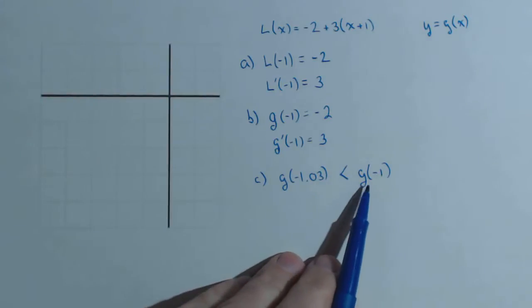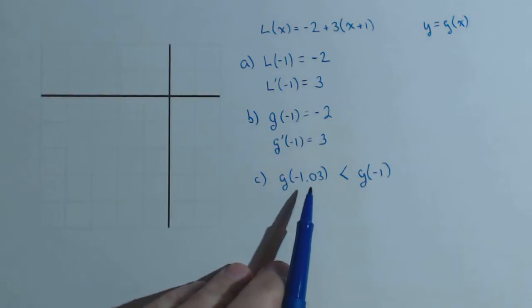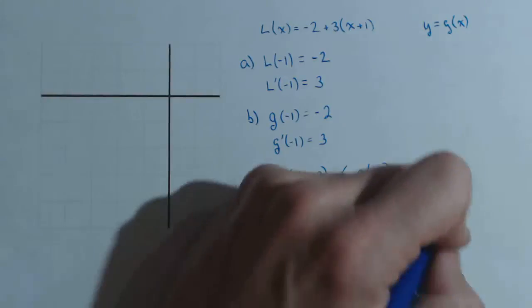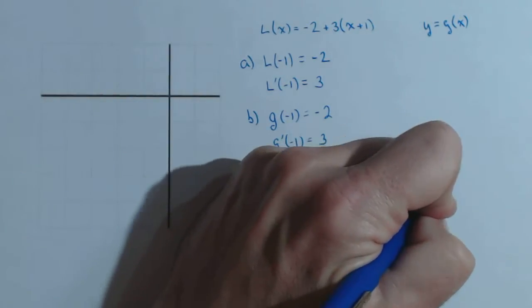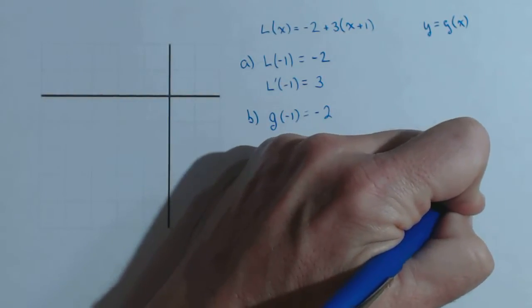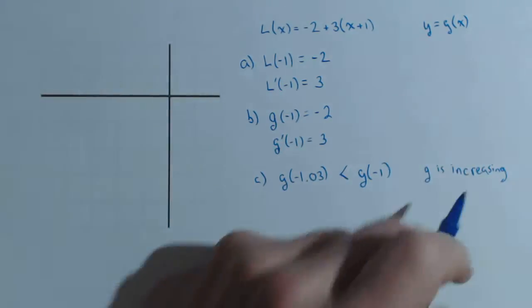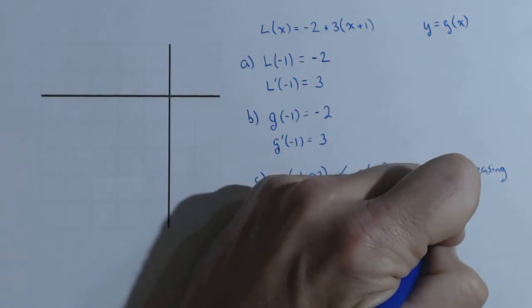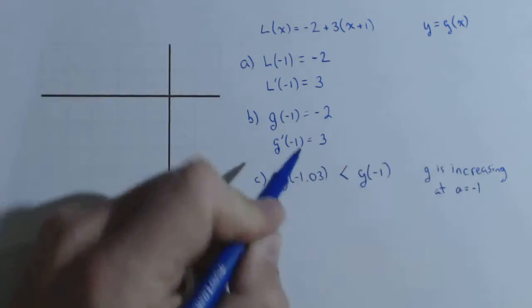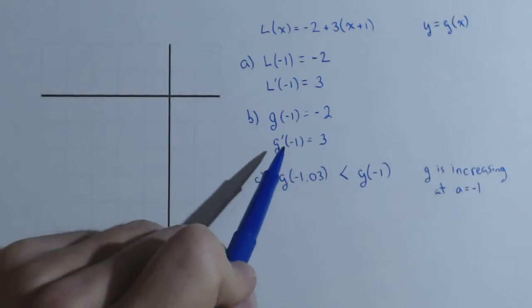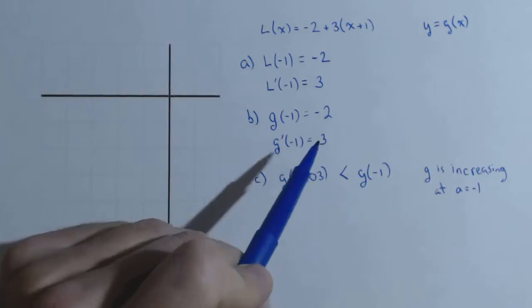So we should assume that g of -1 will be larger than g of -1.03. Again, because g is increasing at, let's be specific, a equals -1. We know that because g prime of -1 is 3. It's positive.